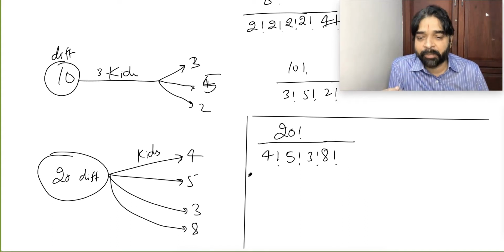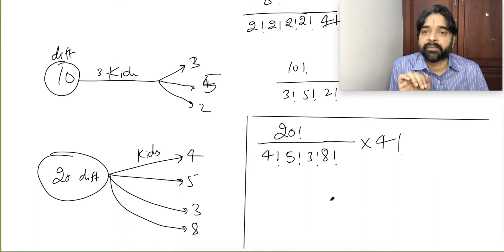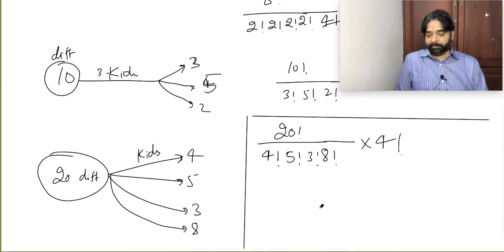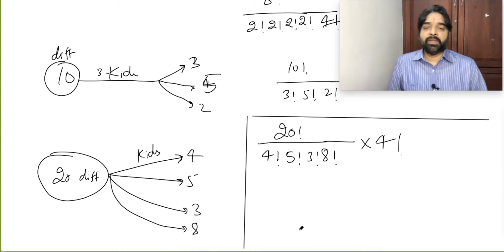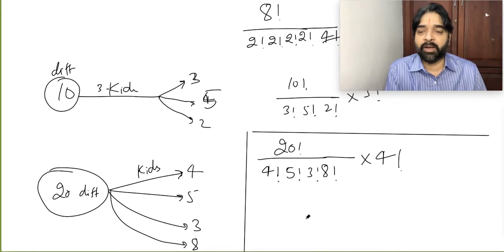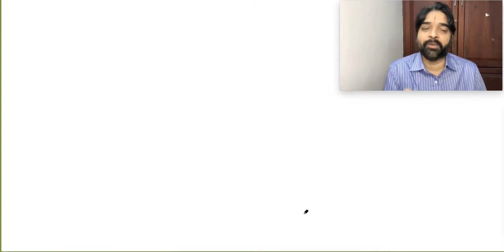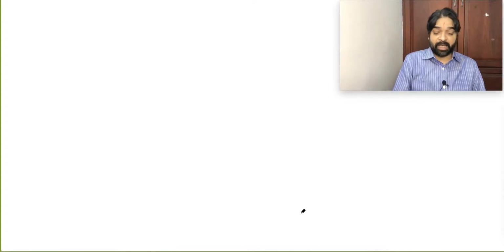And order is important, so into 4 factorial. Is this clear to everybody? So like this we do the grouping when size is predefined. Size predefined questions generally don't come. Mainly the size not predefined type comes.